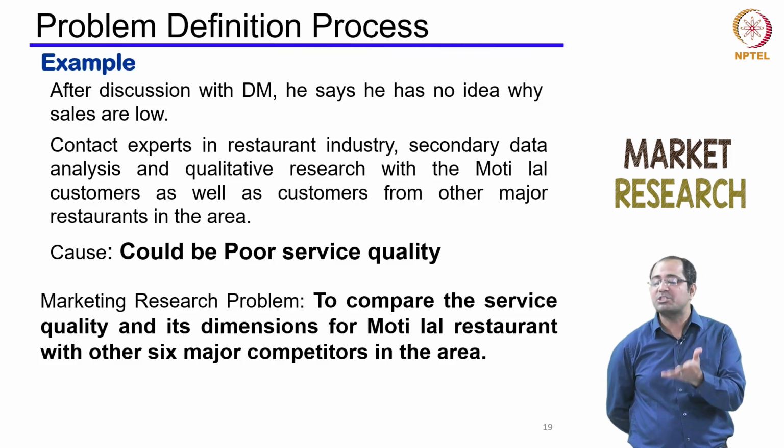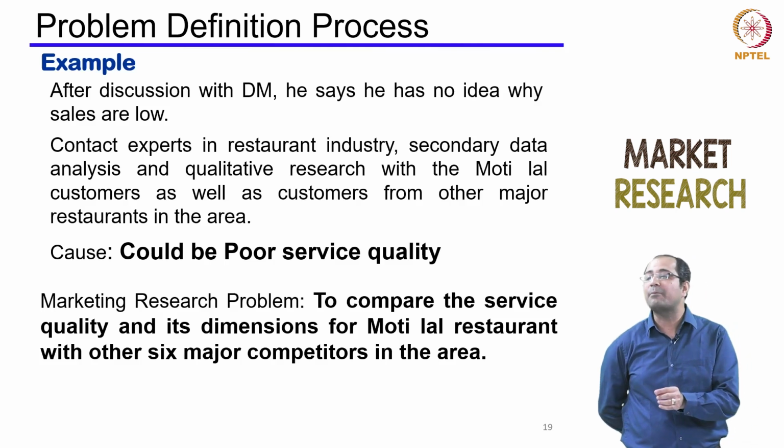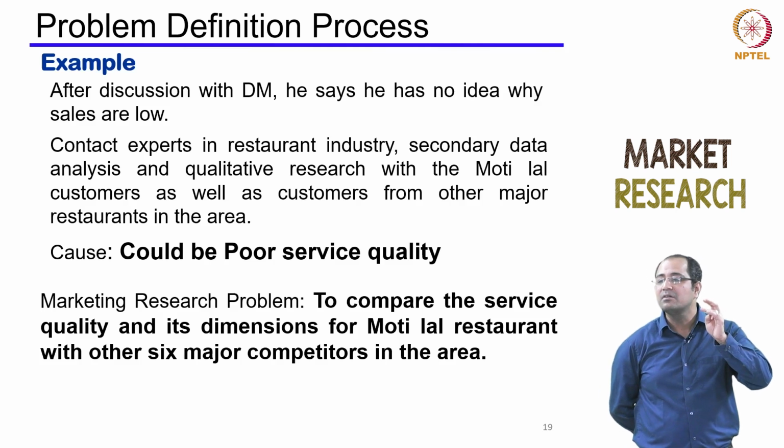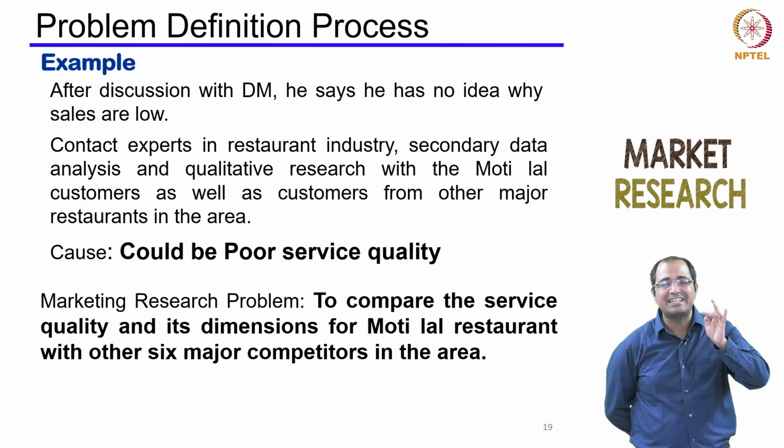and its constituents, because when we talk about service quality, what all could we be talking about? If I say a restaurant has poor service quality, it could be that the staff is not courteous, they don't take orders on time, they don't provide timely seats to you, they take a lot of time to give you the order.